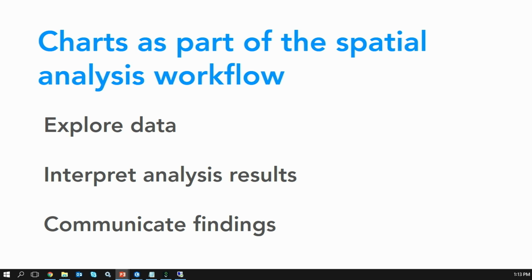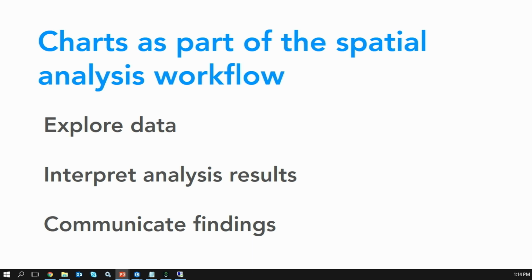So in deciding what types of charts to include, we really focused on this analysis workflow, which includes exploring your data, getting to know your data, interpreting your analysis results, and communicating your findings. So we need to explore our data before we start any analysis. And once we have analysis results, we need the aid of visualizations to understand the analysis results.